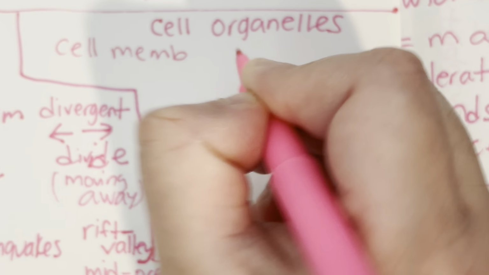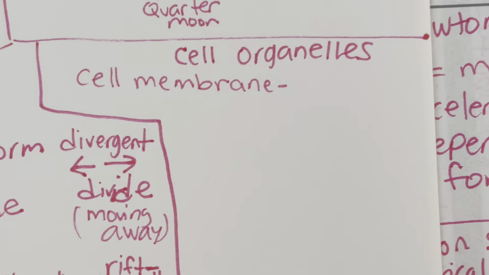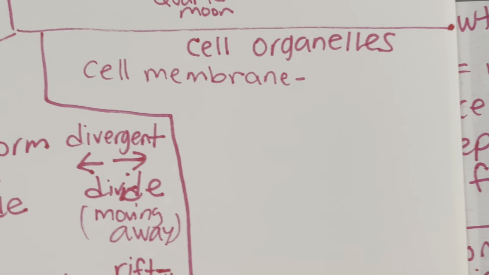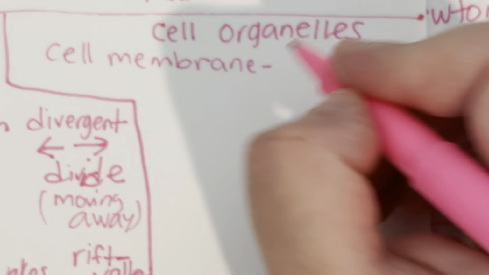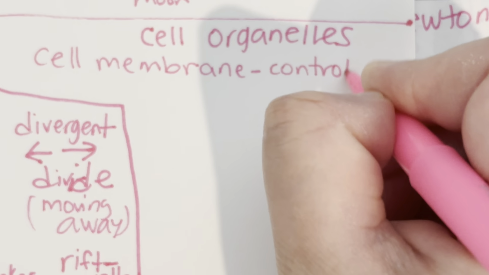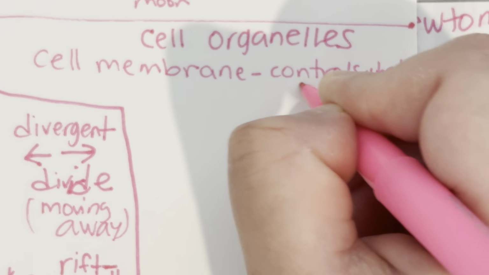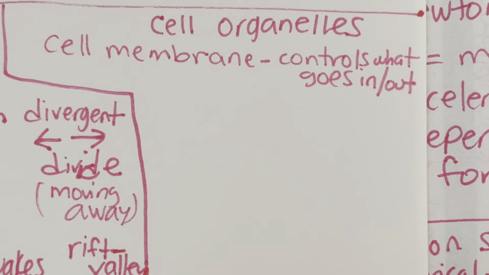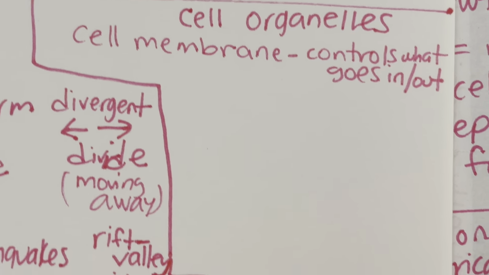So remember, the cell membrane is found in both animal and plant cells, right? It is semi-permeable, meaning that it controls what goes in and what comes out of the cell. It's like our gatekeeper.